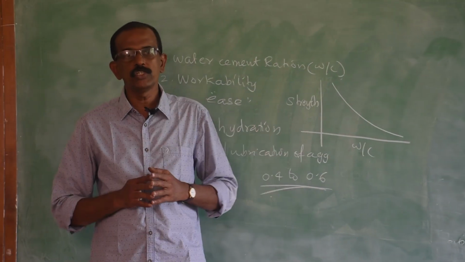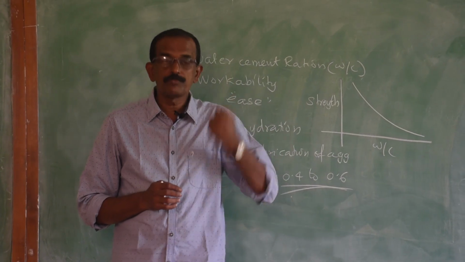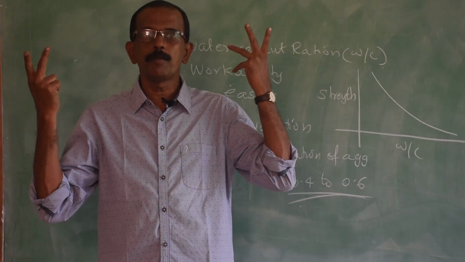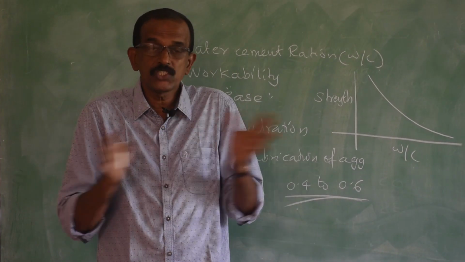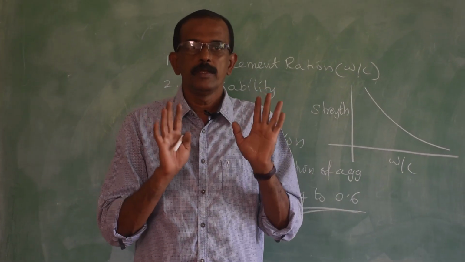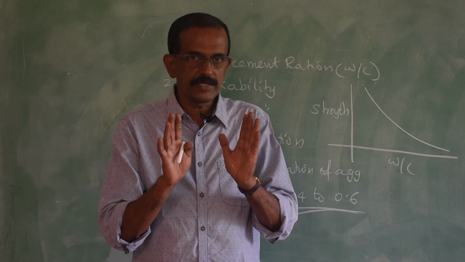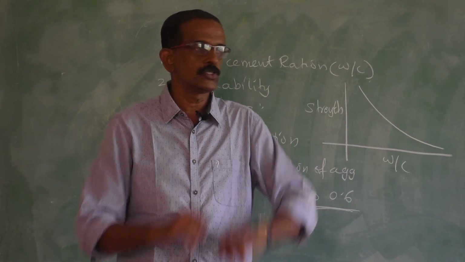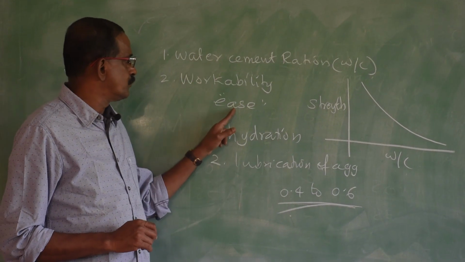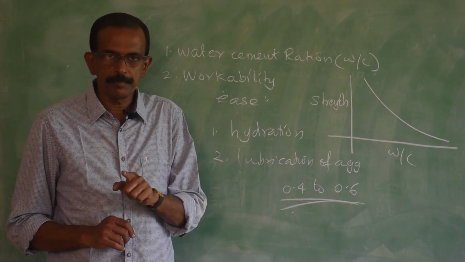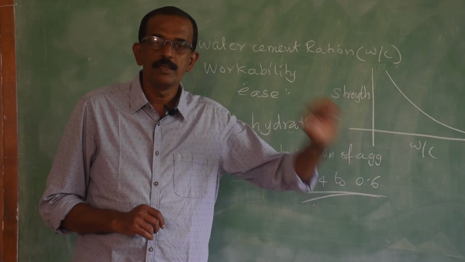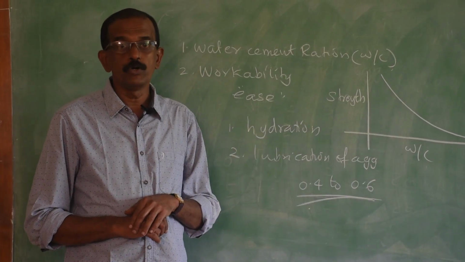Without losing its homogeneity means water should not come out from concrete, cement should not come out from concrete, aggregate should not come out from concrete. Separation of material should not happen there. If you can place concrete safely like that, that term is called workability.